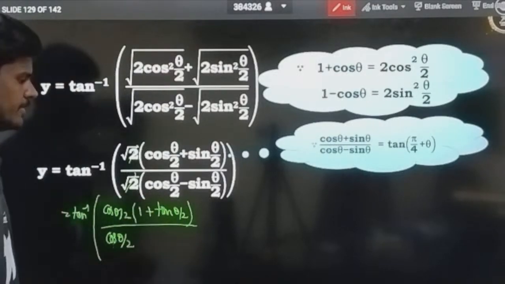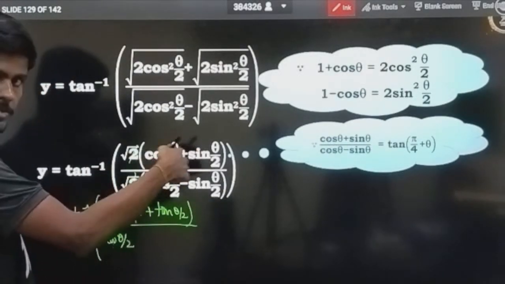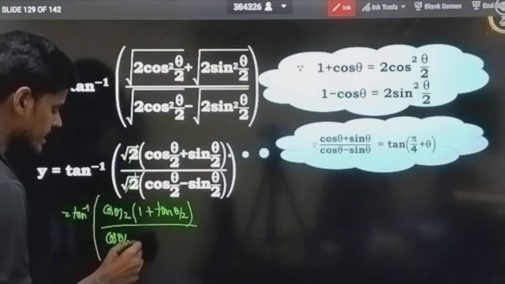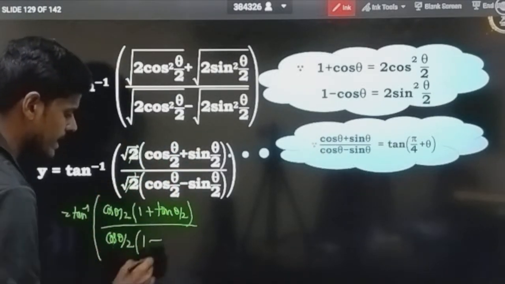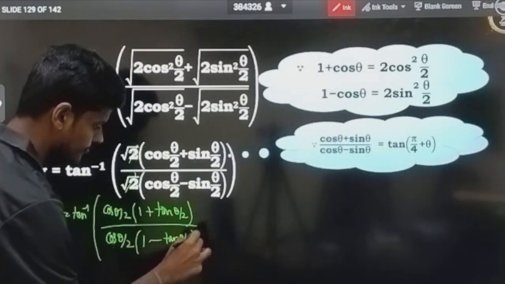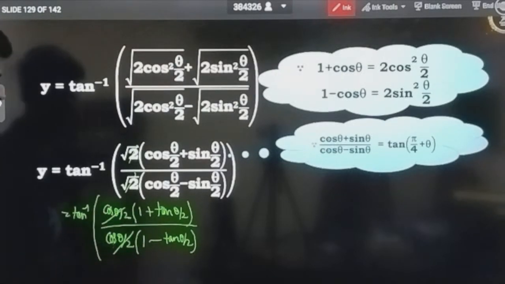Do you understand why we do this? When we take cos theta by 2 outside, cos theta by 2 into 1 plus sin by cos becomes tan. In denominator, again this will be 1 minus tan theta by 2. Cos theta by 2 will get cancelled out.